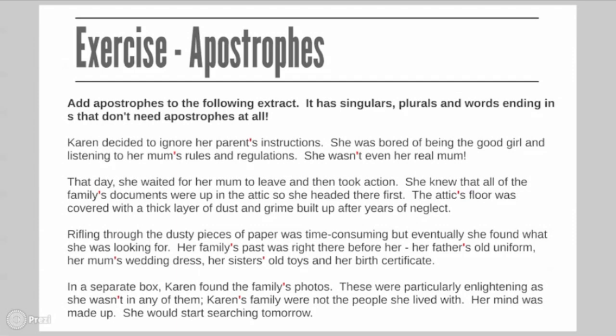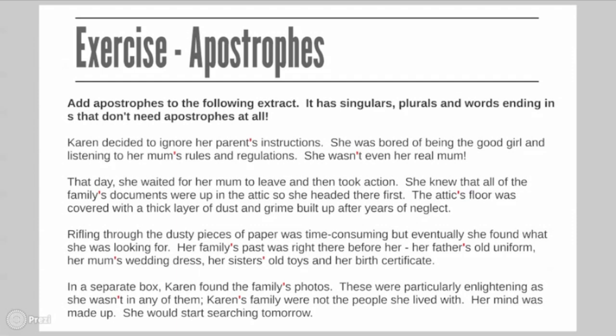Then if we look at the next paragraph, we've got the sentence that reads, her family's past was right there before her. Her father's old uniform, her mum's wedding dress, her sister's old toys and her birth certificate. So we've got a couple of uses of the apostrophe in this sentence. So like I said before, we've got family, which is singular because we're talking about one family.